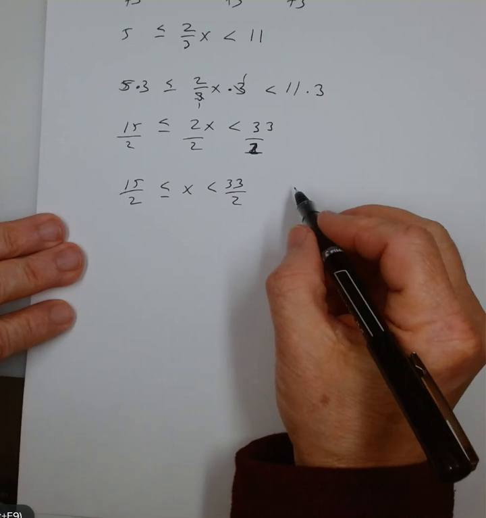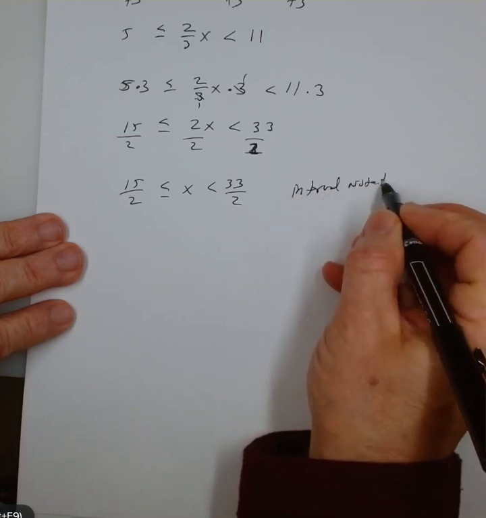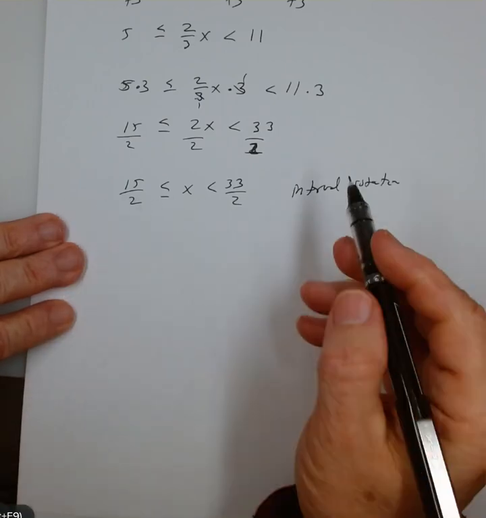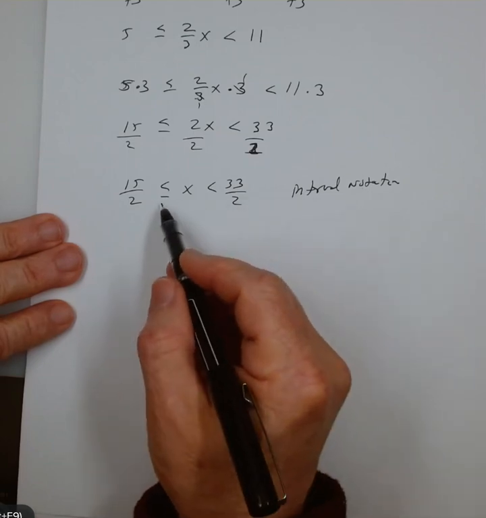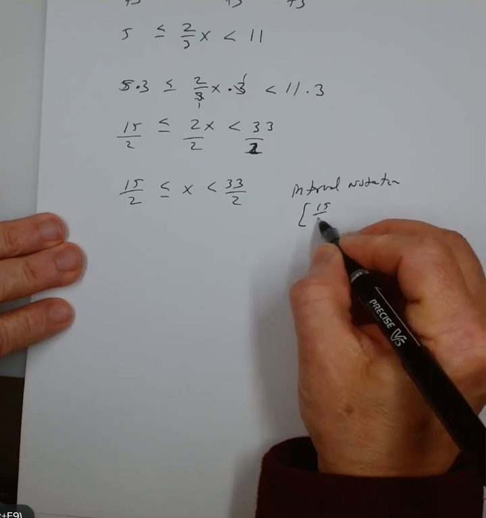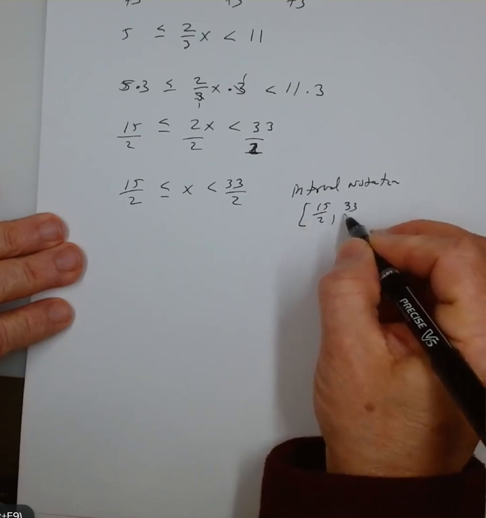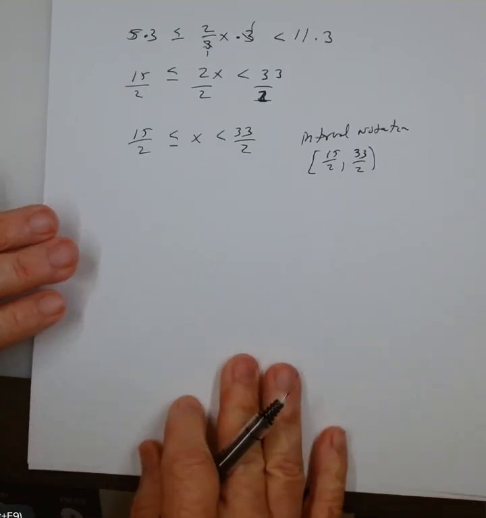And so in terms of interval notation, what would the interval notation be like? You go from left to right. Not parentheses, bracket, because of the equal sign, because 15 halves is a solution. So bracket 15 halves, comma, all the way to what? 33 halves with a parentheses. So that's what it looks like.